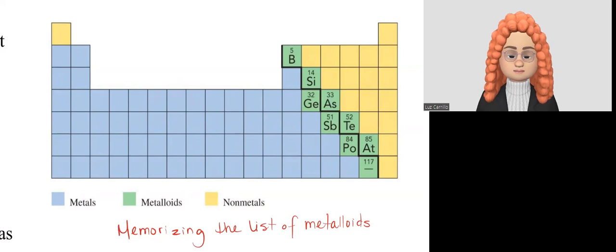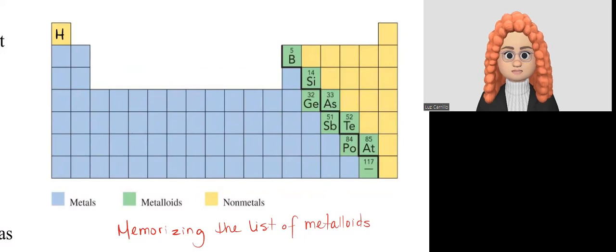Now, once you have memorized the list of the metalloids, remember anything to the right of the metalloids is going to be a nonmetal. The only nonmetal that doesn't live to the right of the metalloids is the element in the top left corner of the first column of the periodic table, and that is hydrogen.